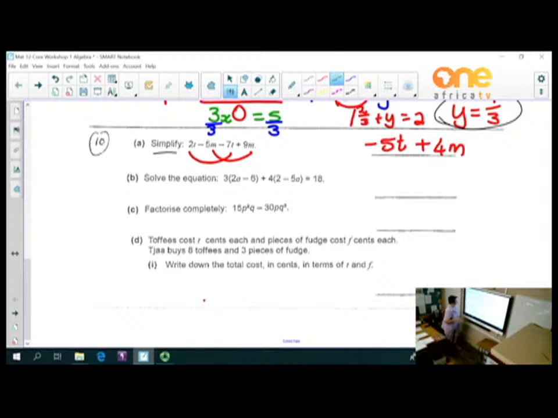The next one is an equation, but we also have brackets, and you remember that Botma's rule? So I first have to remove my bracket. And what's very important is that you will multiply it with each term. You need to multiply it with each term. The same thing here. Multiply it with each term. So if I multiply here now, I'm going to have 6a minus 18.